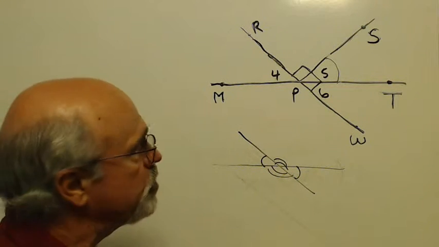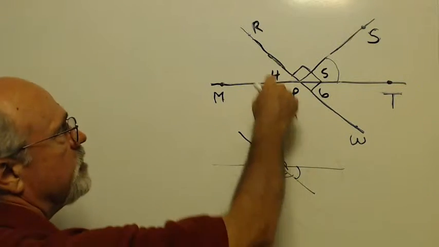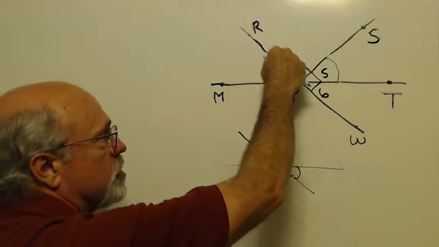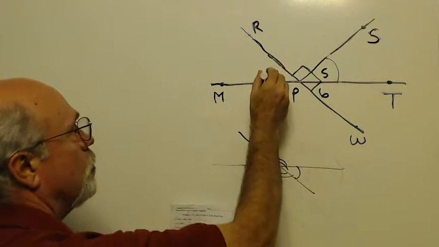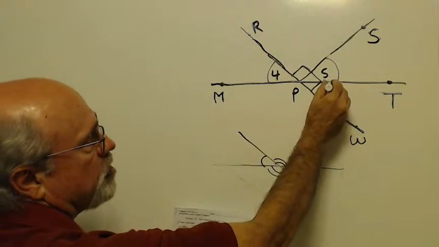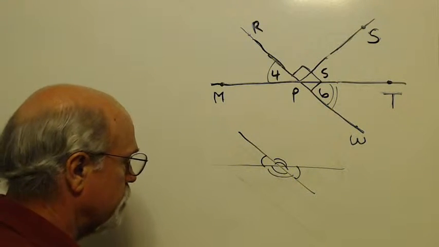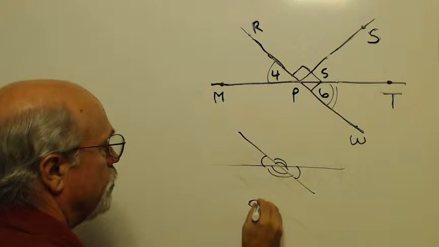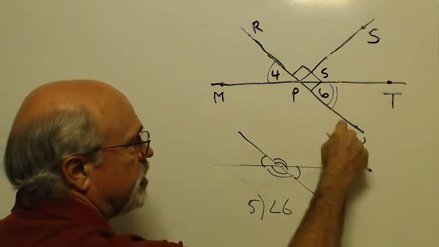So you want to look in the picture and find a situation where two lines completely cross. And the two lines that completely cross are RW and MT. And the vertical angle with angle 4 right across from it here will have angle 6. So the answer for number 5, you can write it as angle 6, or if you want to use letters, it would be angle TPW.